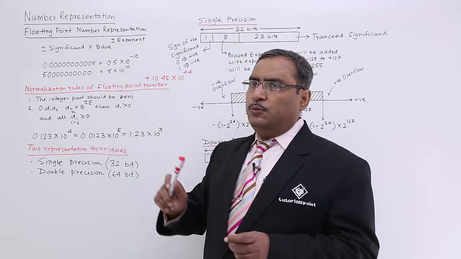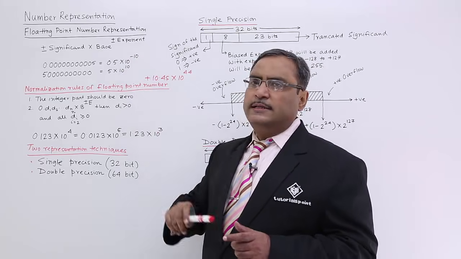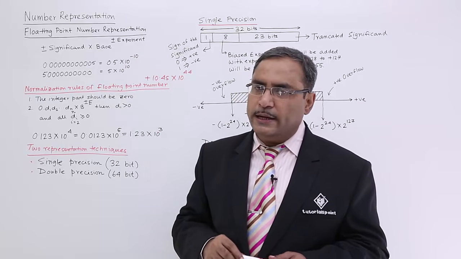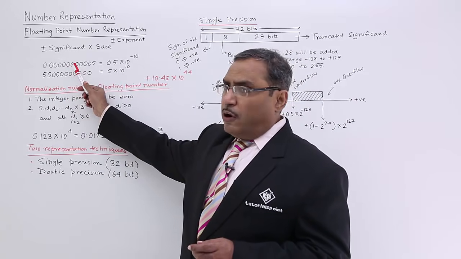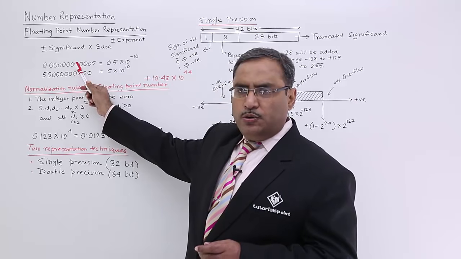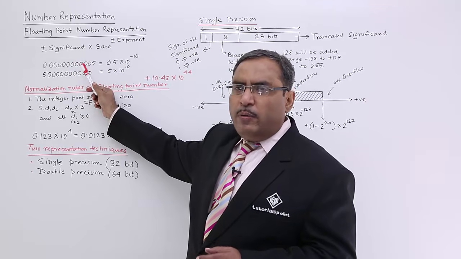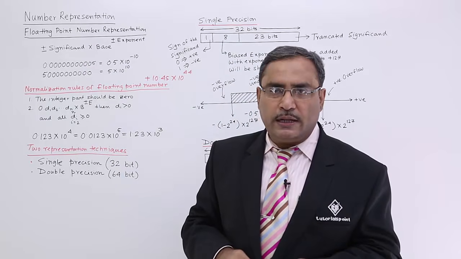This base will not be represented, this exponent will be represented, and this significant or mantissa will be represented. So to avoid representing a number using a huge number of bits, and to represent it in fewer bits, floating point number representation can do magic.